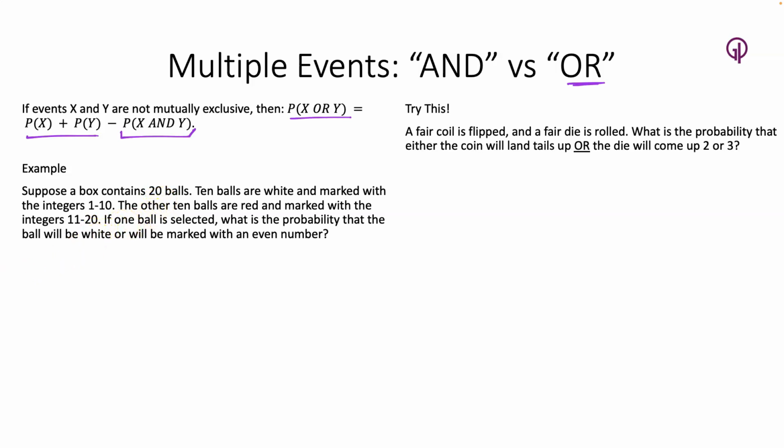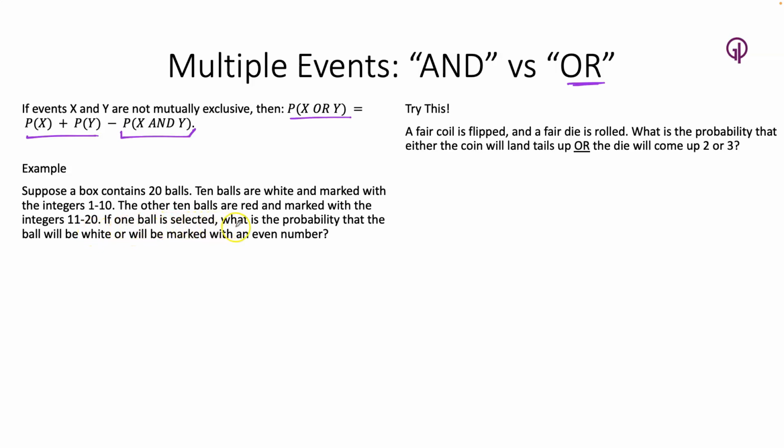Now we will take a look at this particular example, which says: suppose a box contains 20 balls. 10 balls are white and marked with the integers 1 to 10. The other 10 balls are red and marked with the integers 11 to 20.